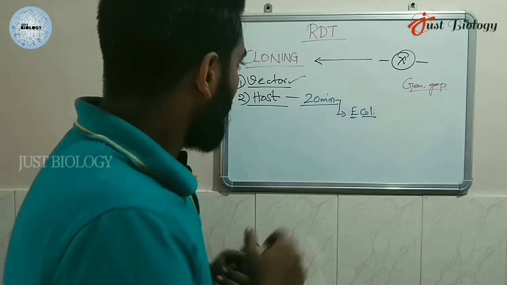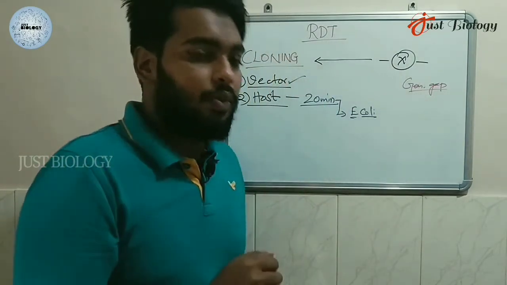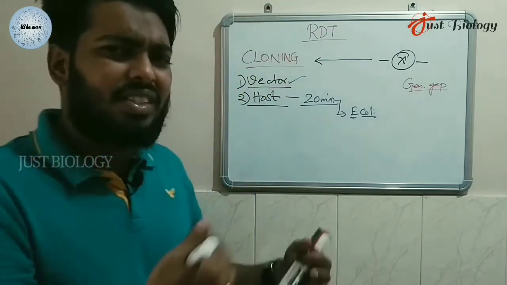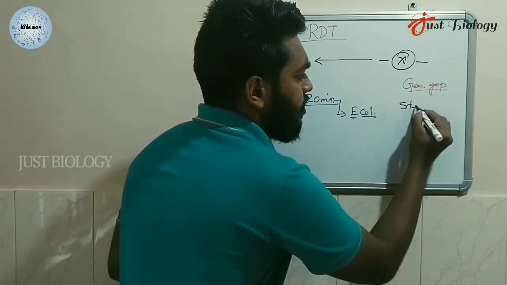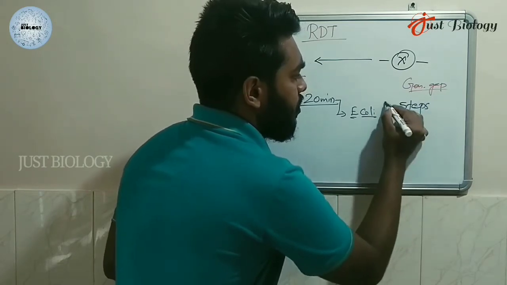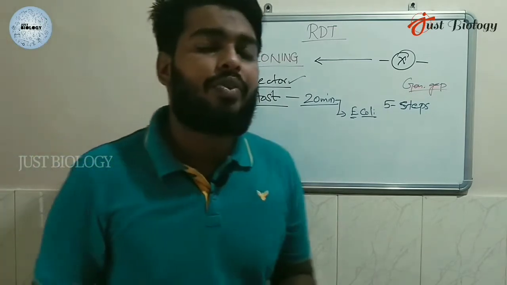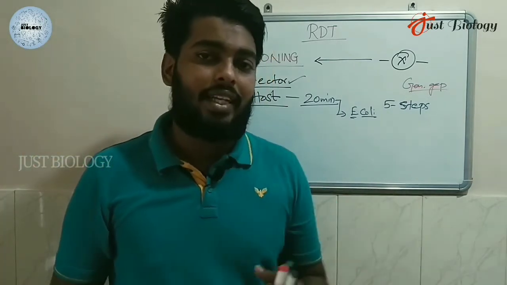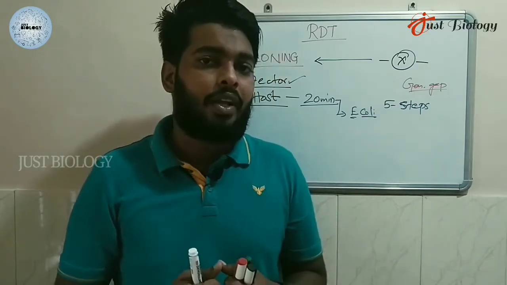The organization of this cloning is referred to as several steps. Normally, there are 5 steps. The first step: we need to get the DNA which we want to duplicate, or the fragments.